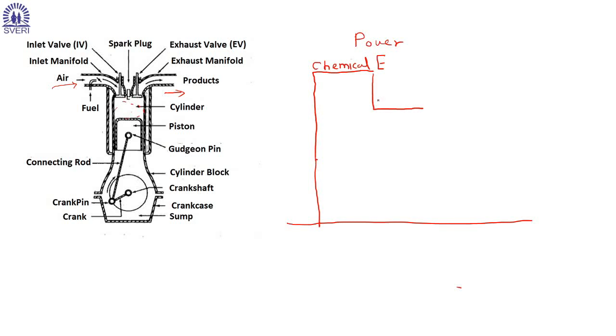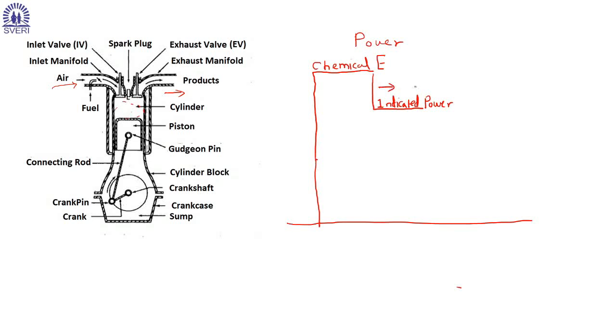This level we call indicated power. Basically, this is the energy received by the piston during the combustion. Why is there a gap or difference between chemical energy and indicated power?